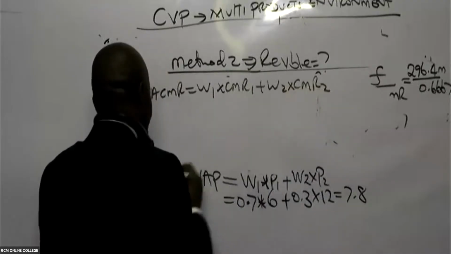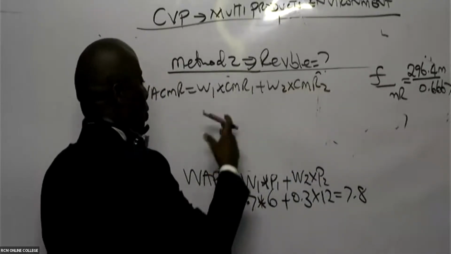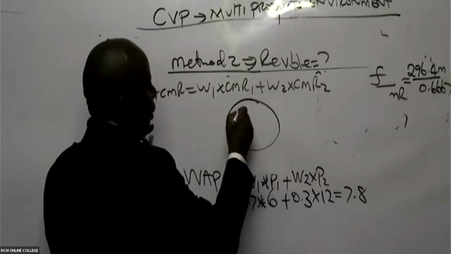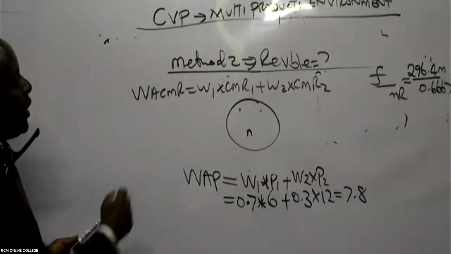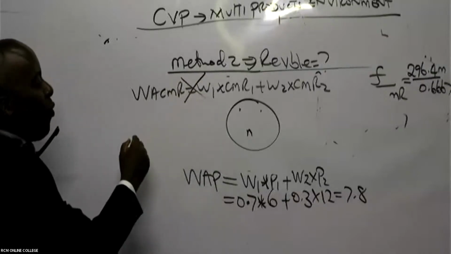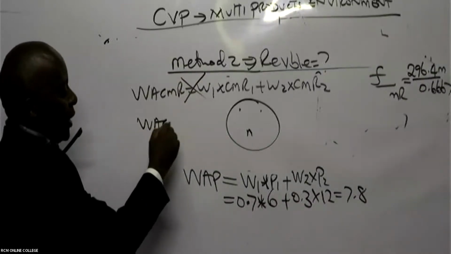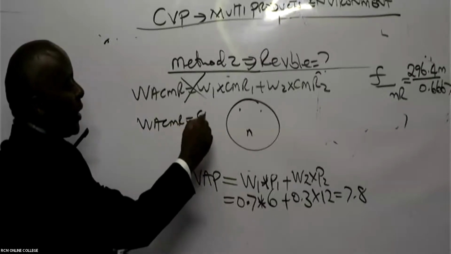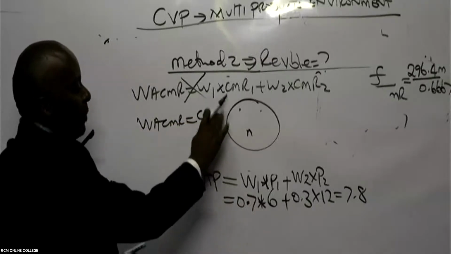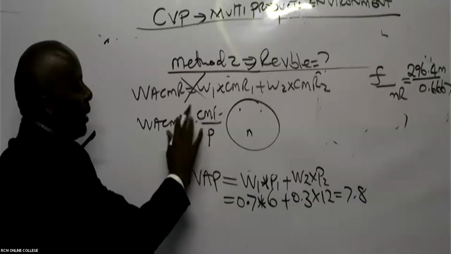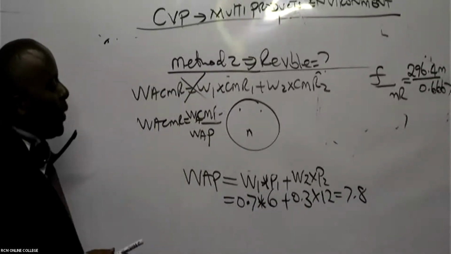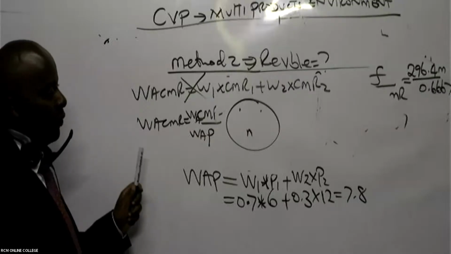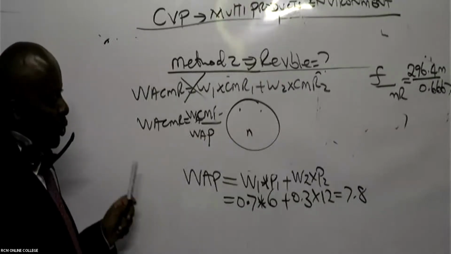If you write it like this, go ahead and draw a very sad emoji for your examiner, because this is wrong. We only have one way of getting WACMR, which is not CMR but CM over P, in terms of the weights. You take the weighted average contribution margin over the weighted average price.